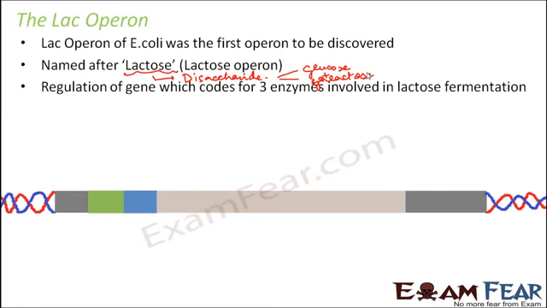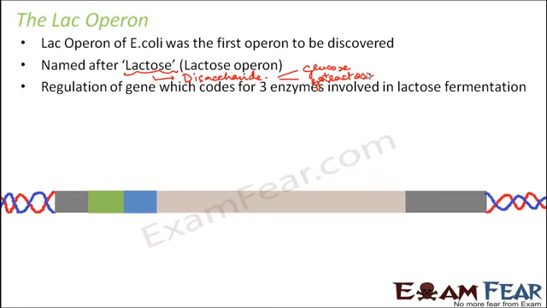So the regulation of genes which code for 3 enzymes involved in lactose fermentation. Now this process of fermentation of lactose requires enzymes, because enzymes can cause fermentation of lactose. And what are enzymes? Enzymes are nothing but proteins. And how are proteins synthesized? Proteins are synthesized from mRNA.